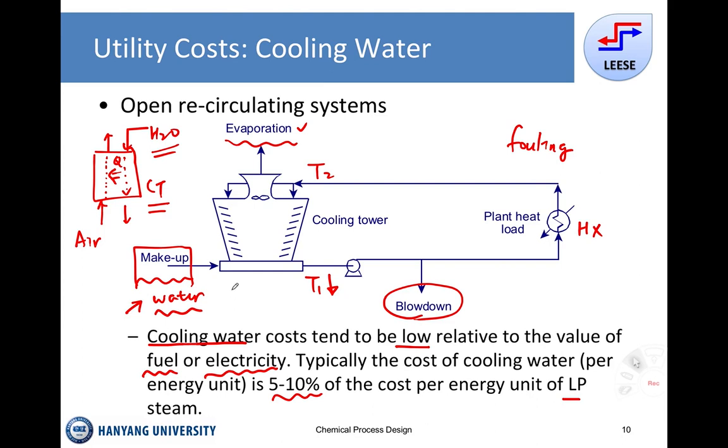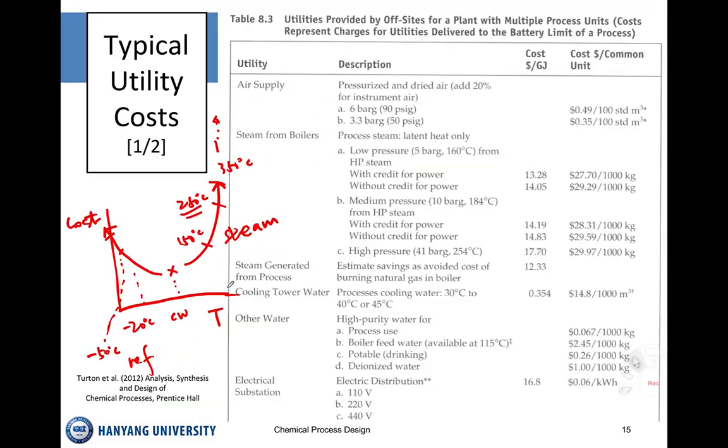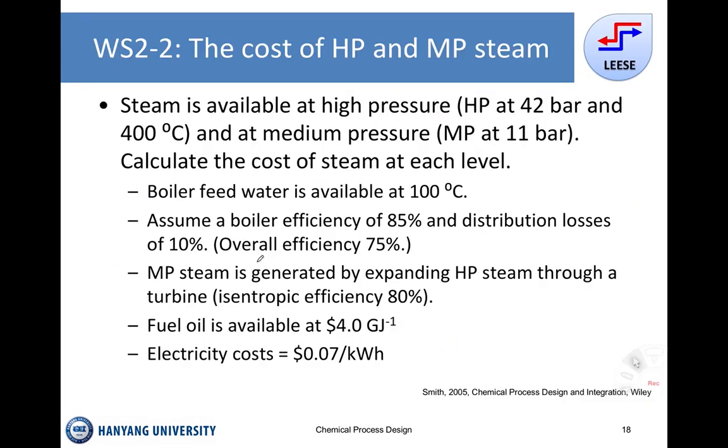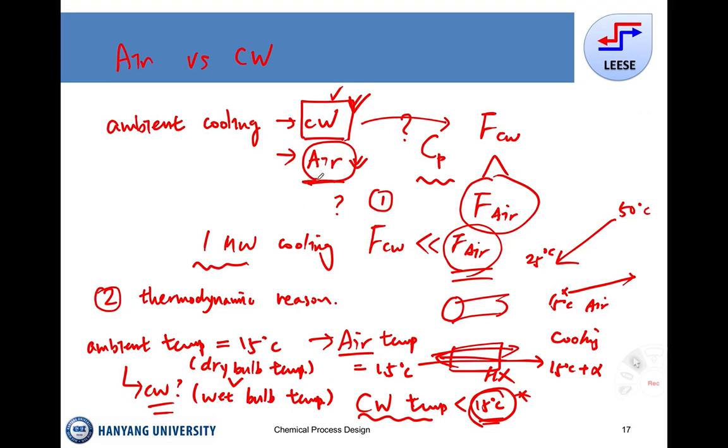But if you want to supply water in a desert, or in a certain country in the Middle East, for example, then it might not be easy to secure the water supply. In that case, we do not have the option of using air for cooling.